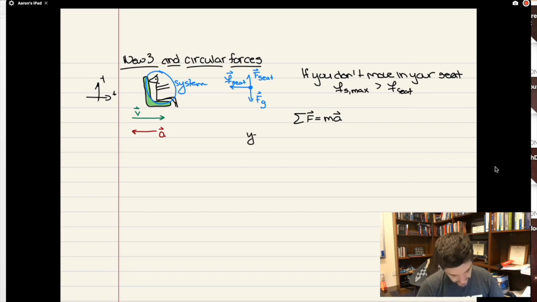I could look in the y direction, and that says that gravity is pulling down on me, so I would say minus mg, plus some contact force with the seat, maybe we call it a normal force, equals my mass times my acceleration in the vertical direction, but I'm not moving up or down, so that is 0. The normal component in this case is just my weight.